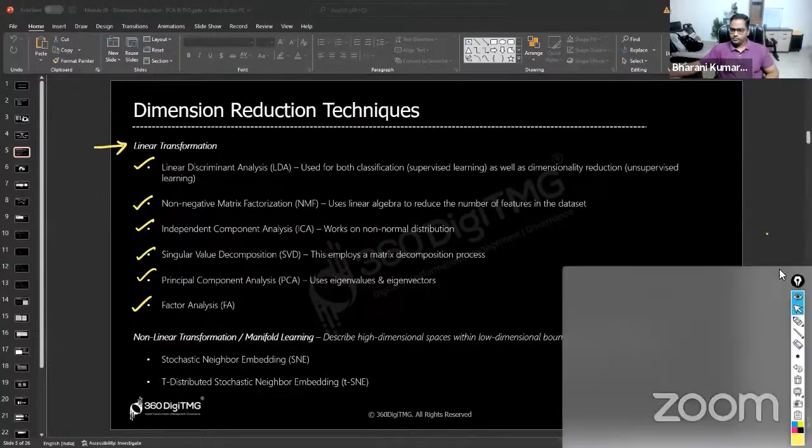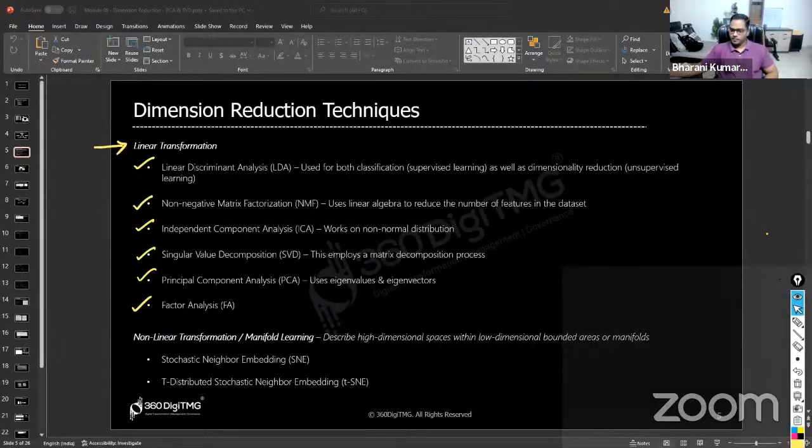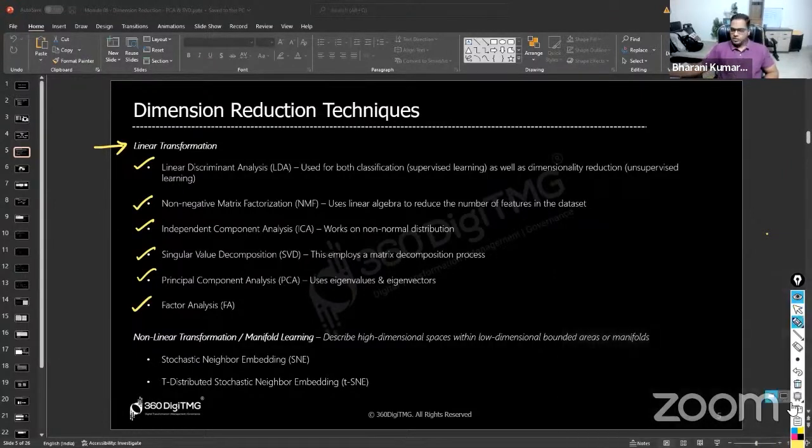We will also have nonlinear patterns in the data. When you perform your exploratory data analysis, you'll figure out whether your data are non-linear or linear. And if you have non-linear data, then you employ SNE or t-SNE.